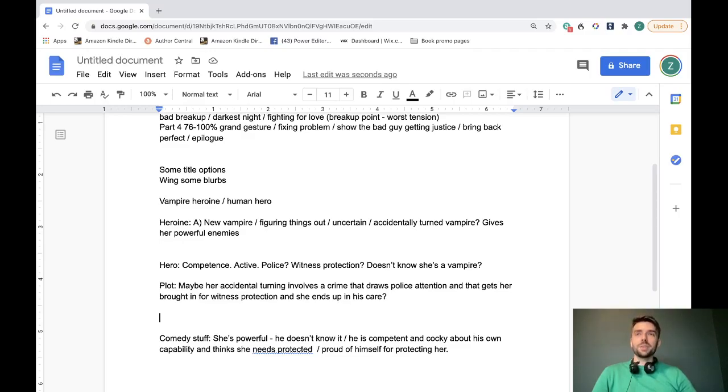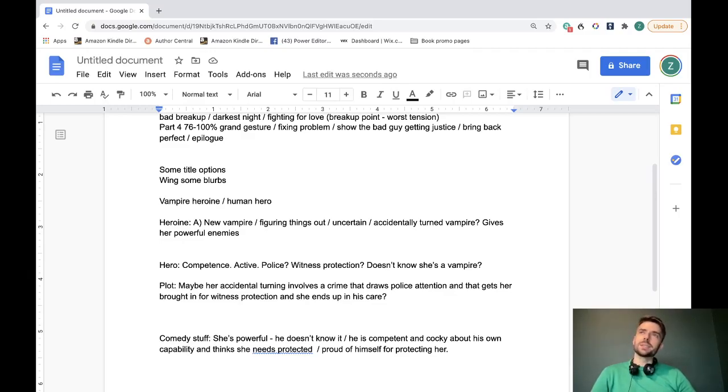Or if you drink the blood of a vampire and then you have sex with them, because it's a romance thing, whatever, then that makes you a vampire. So maybe instead of it being an accident, it could just be that somebody didn't want her to be turned into a vampire, because it's a little implausible for it to be an accident. So I'm trying to think of how that could work.